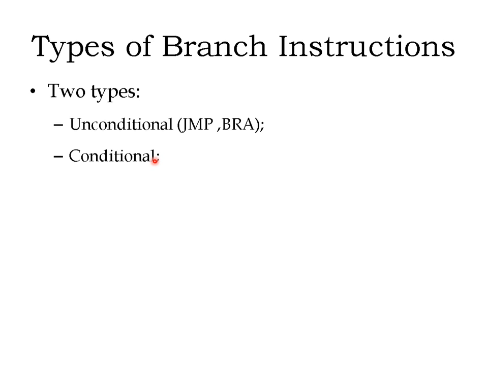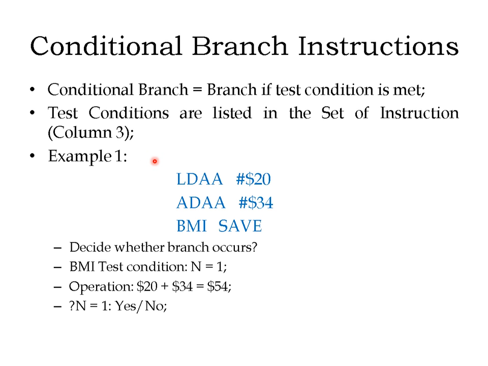We will have some kind of condition to be met. Now let's look at some examples. We are exploring conditional branching. In pretty much all branch instructions, you will find a condition to be met. If the condition is met, the branch will occur, otherwise it will not. Now, let's say you are given these 3 lines. In the third line, you see there is a branch.